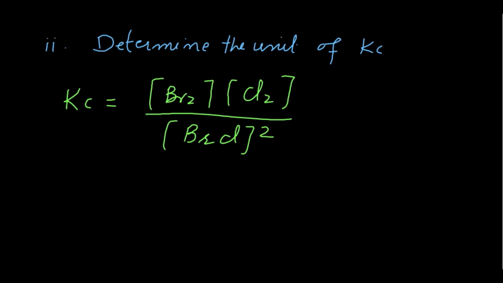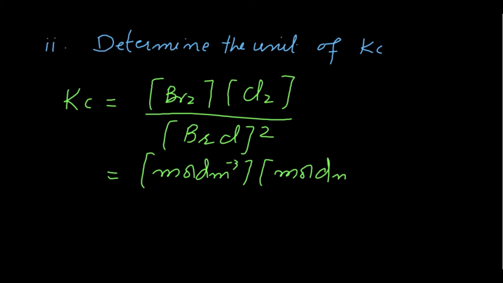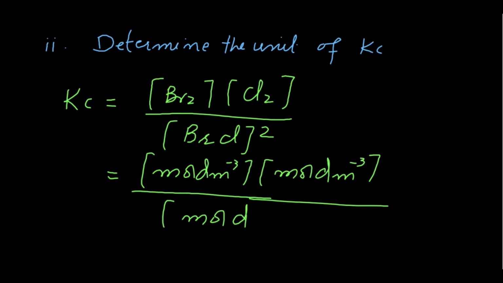Now we substitute their units, that is mole per cubic decimeter, into the numerator and mole per cubic decimeter raised to the power 2 in the denominator. Then we will see what is the next step.